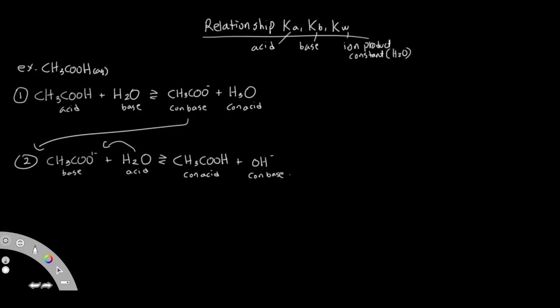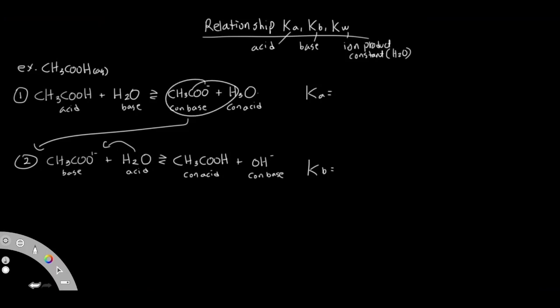We've got to get the Ka expression of this one over here, and the Kb expression of this one over here. Now, why is this one the Ka versus this one here, which would be the Kb? Because this here is dealing with the acid, okay? This one here is dealing with the base, hence why this would be a Ka and this would be a Kb.